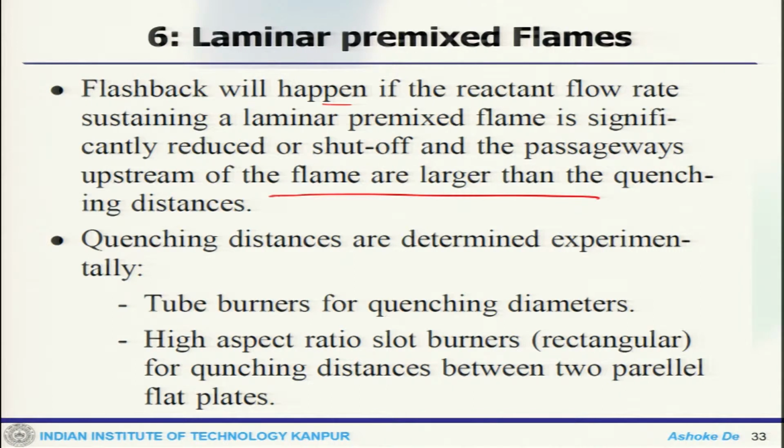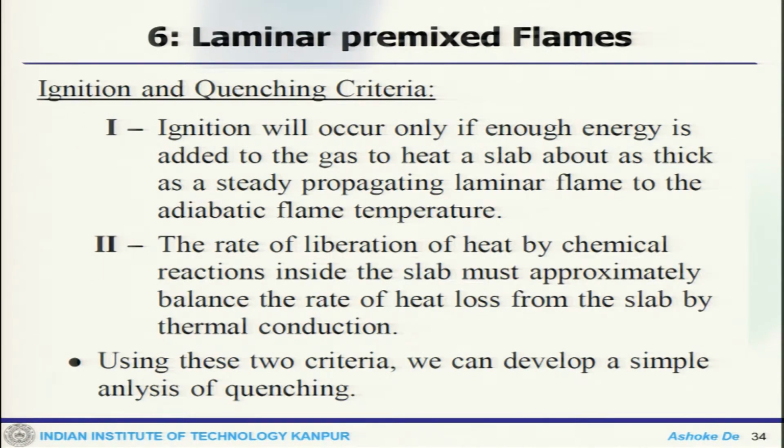Now, how do you determine this quenching distance? One can do it experimentally with tube burners for the quenching diameter, that is one thing. Then high aspect ratio slot burners between two parallel plates could be another.